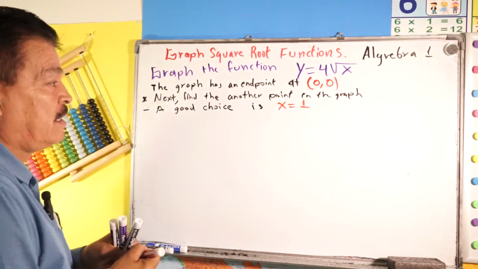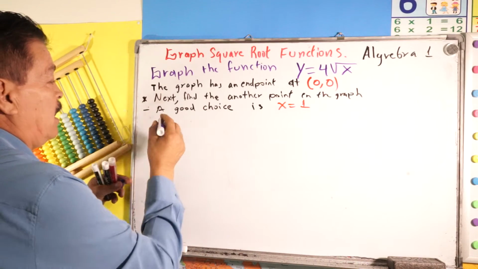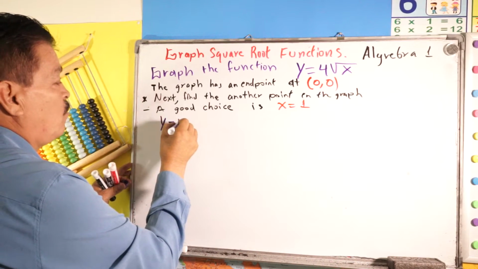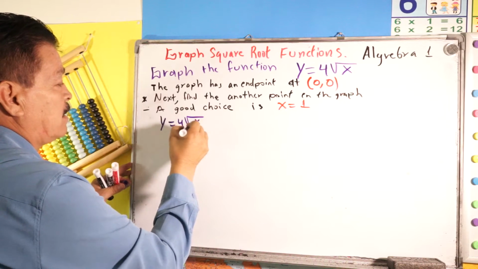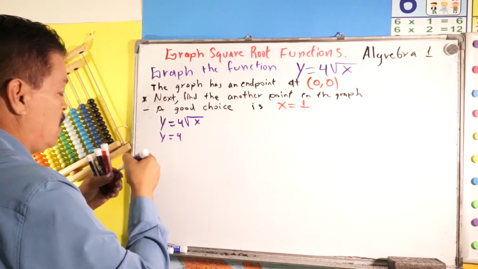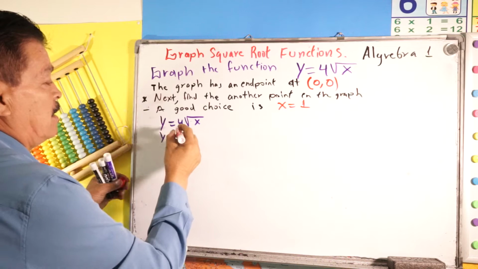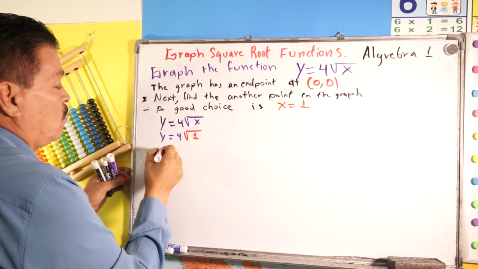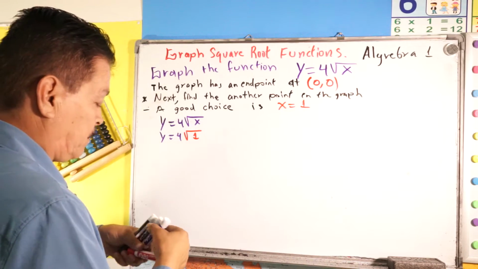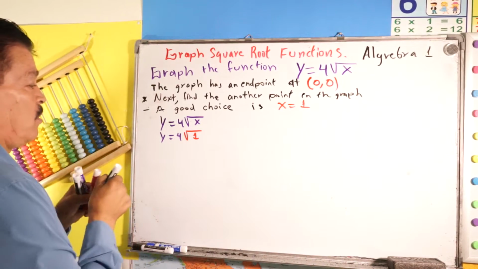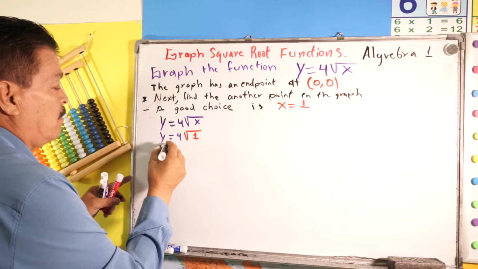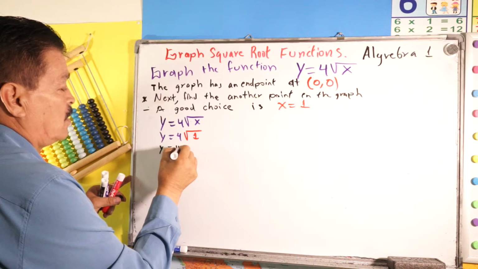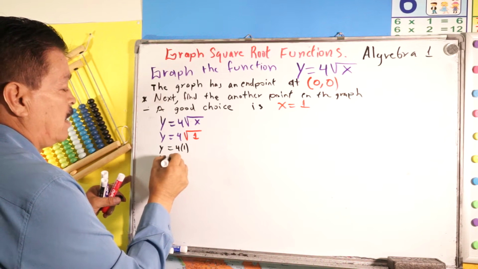Now substitute again into y equals 4 square root of x. Substituting x equals 1, square root of 1, we continue with the process: y equals 4 times 1, so y equals 4.